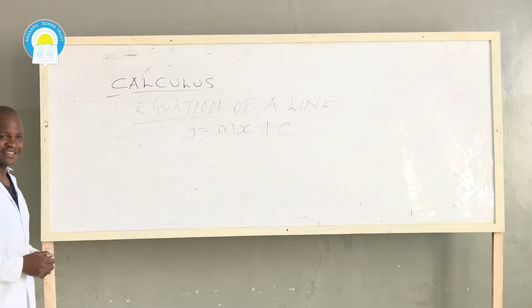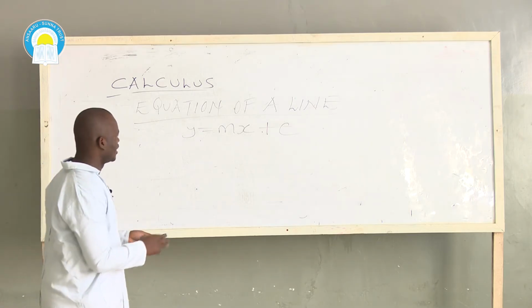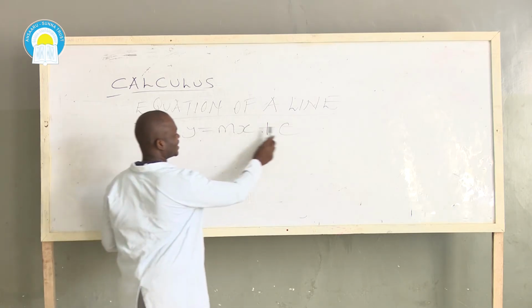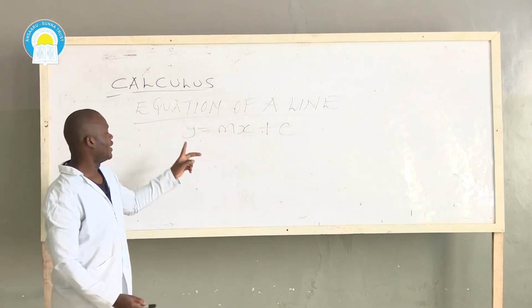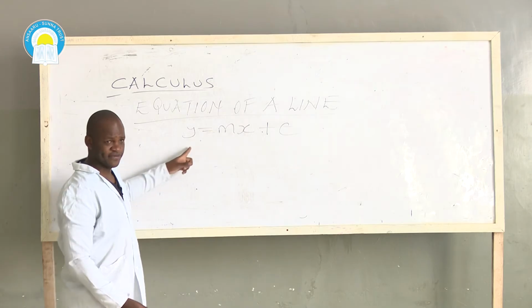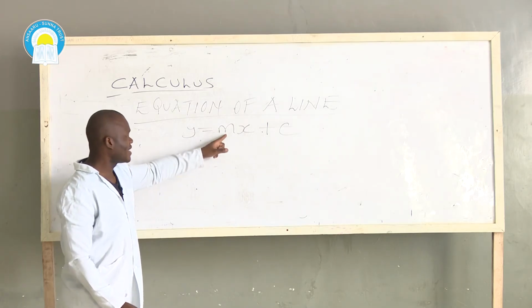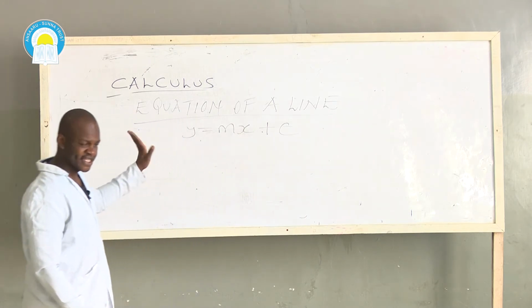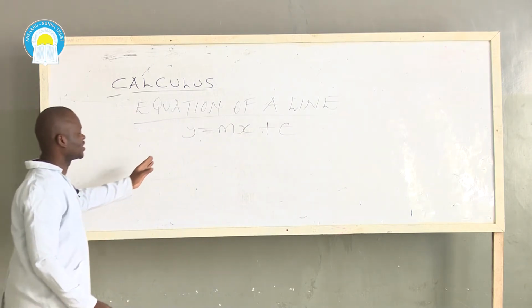From your graphical methods concept, you're told that m and c are constants, y and x are variables. But you're saying m is the gradient and c is the y-intercept. Now, this is the general form.